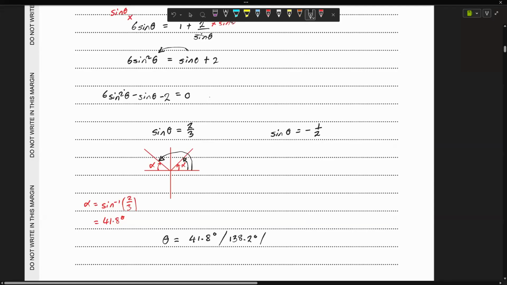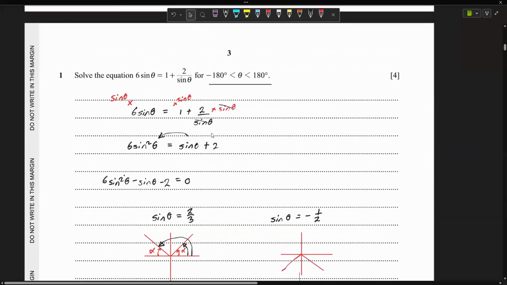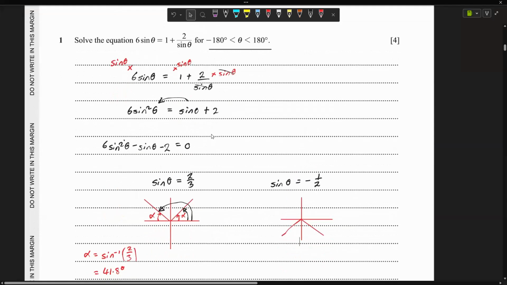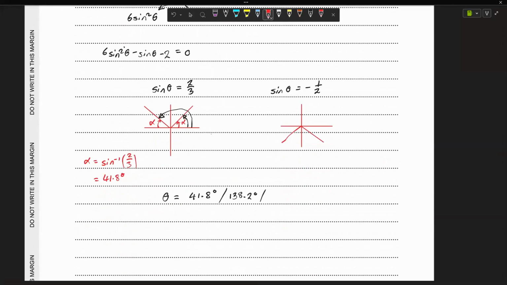Right, let's go to sine theta being equal to -1/2. We'll also have the quadrants here. Sine is negative in these two quadrants if we're using the CAST method. Looking at the range from -180 to 180 degrees, alpha is the angle those lines make with the horizontal line.